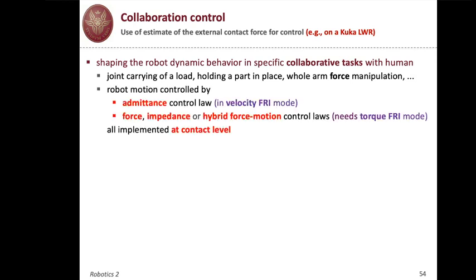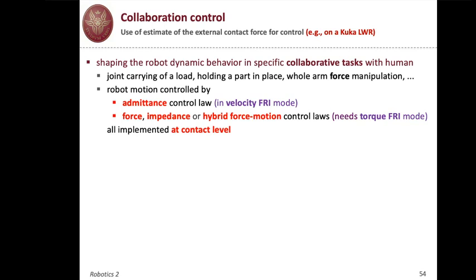So in particular on the KUKA lightweight, we can control motion by commanding either kinematic quantities or dynamic quantities. On the KUKA, this is associated to two modalities of the fast research interface, which is the interface for a generic advanced user that would like to design their own control law.